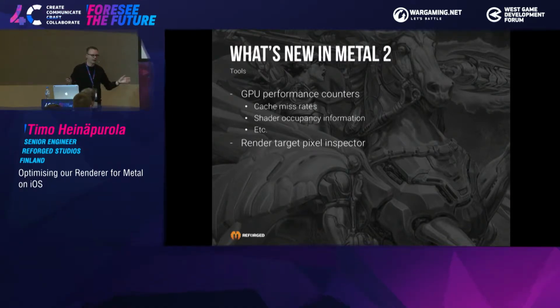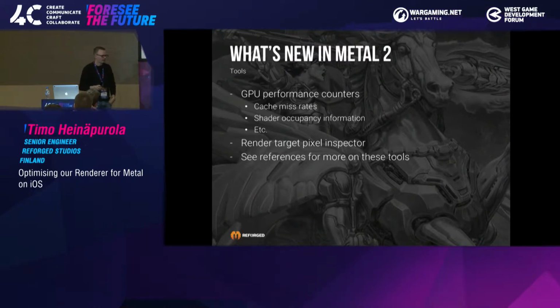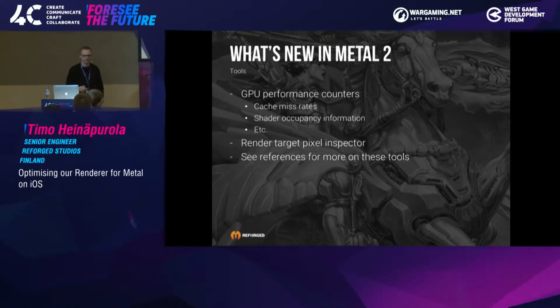Also, finally, you have a render target pixel inspector, so you can actually compare the values in the render targets, like different layers of the render targets. And that's a feature that's been requested for a long time, and now it's finally available. Yeah, and I have links to other presentations from Apple talking in more detail about these new tools.